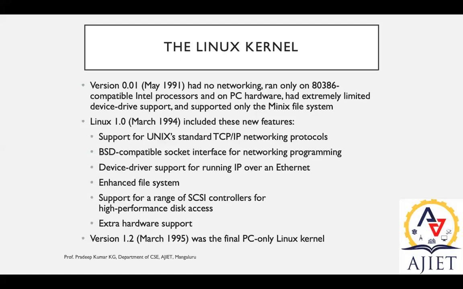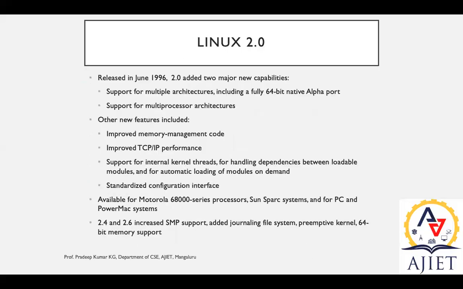Then they had an enhanced file system and support for a range of SCSI controllers for high performance disk access, which had extra hardware support as well. A few more developments were added, and in March 1995, version 1.2, the final PC-only Linux kernel, was launched.